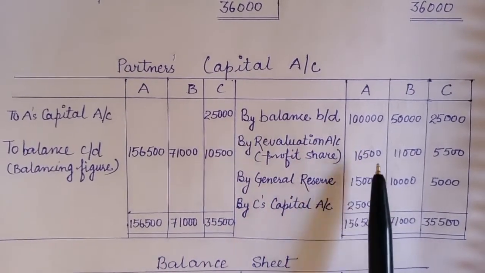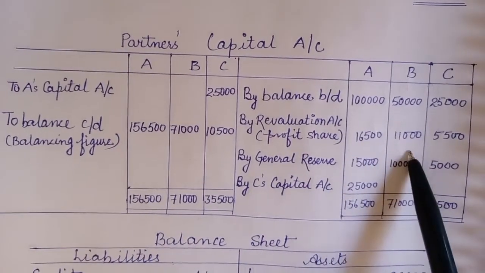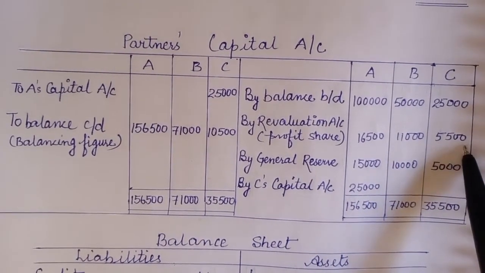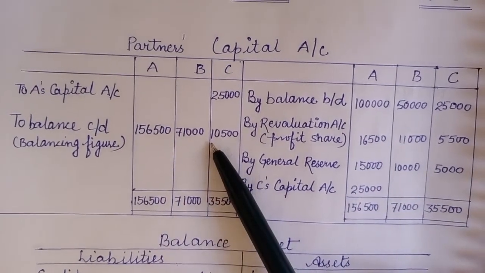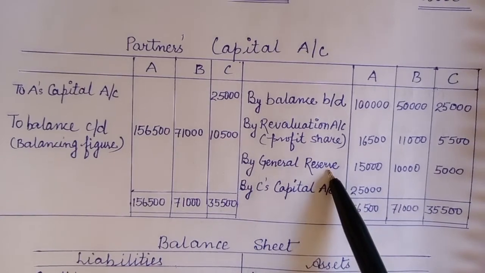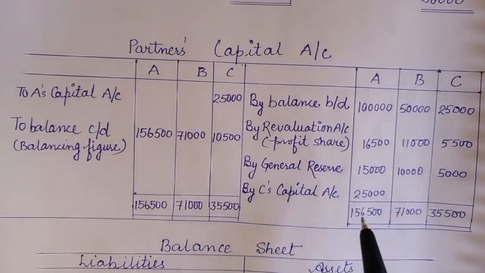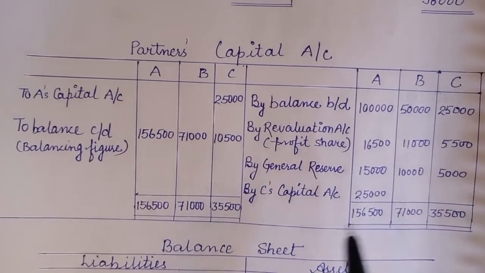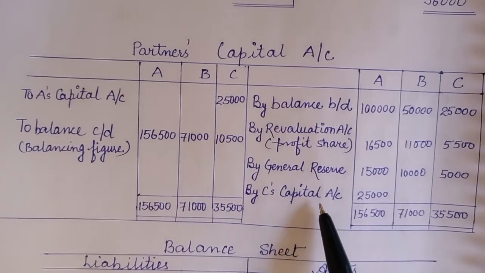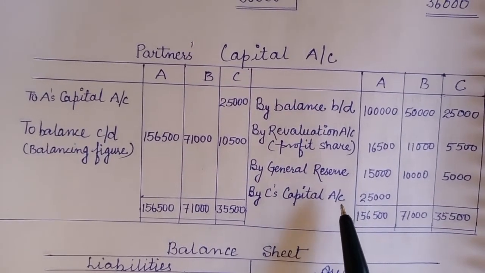In the credit side of the partners capital account it will come, so that is 16,500, 11,000 and 5,500 from the revaluation account. If it were a loss, that would go in the debit side. Then general reserve is given in the balance sheet. So again this general reserve is to be distributed in the old profit sharing ratio. And one more entry we discussed in the beginning for goodwill, 1/6 share that was coming, 25,000.